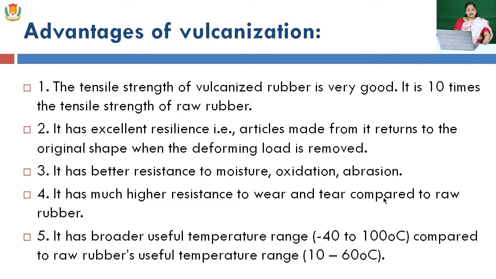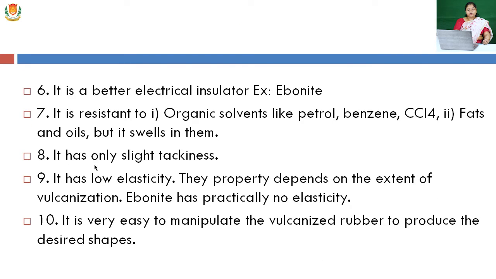It has better resistance to moisture, oxidation and absorption. It has much higher resistance to wear and tear compared to raw rubber. It has a broader useful temperature range of from -40 to 100 degrees centigrade compared to raw rubber.